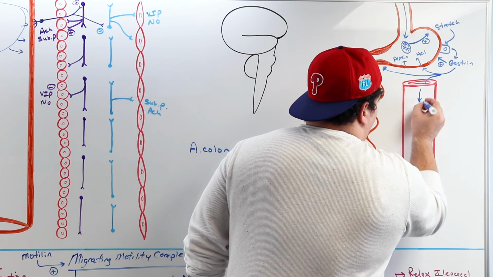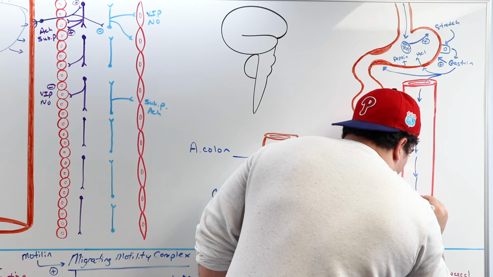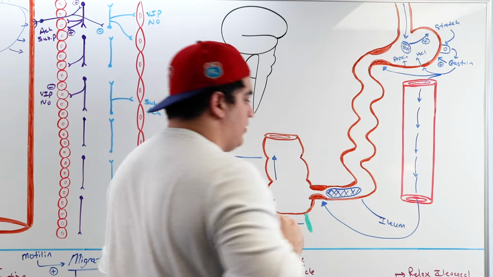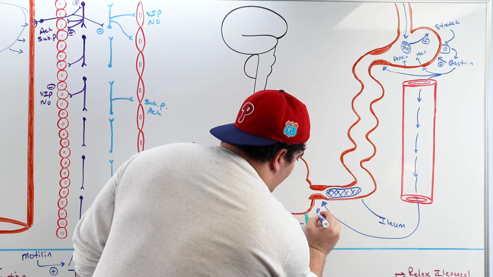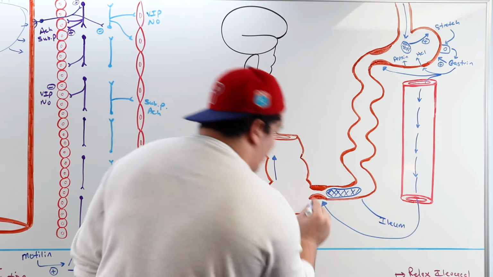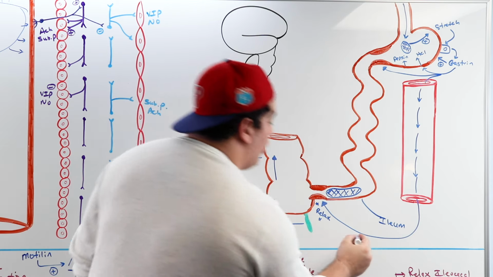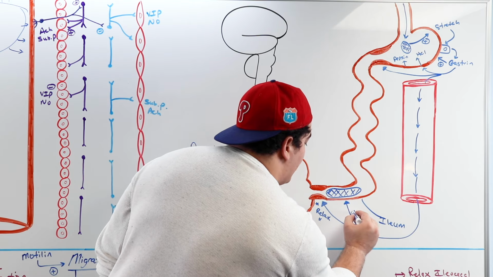It goes into your circulation, right? Travels through the blood because it is technically a hormone, and then it comes here to the ileum. And guess what it does to the ileum? It's going to initiate relaxation of the ileocecal sphincter, but induce contraction or peristaltic activity.